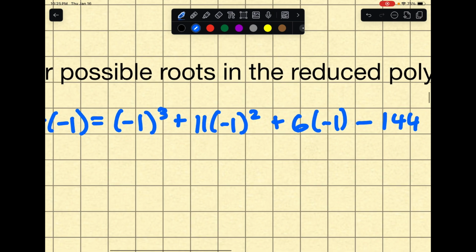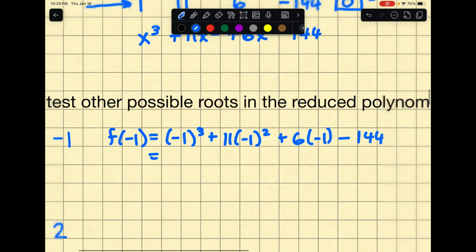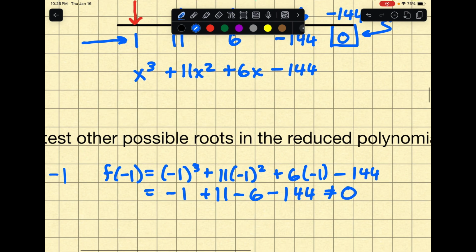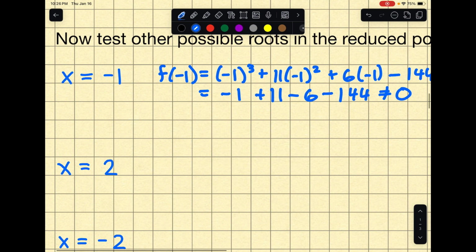And that is going to equal negative 1 plus 11 minus 6 minus 144. I don't know exactly what that equals, but 10 minus 6 is 4, so I think it's negative 148, but it's definitely not equal to 0. Okay, moving on. Negative 1 didn't work.